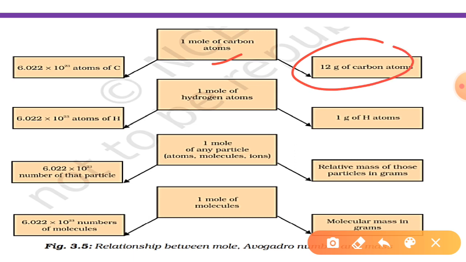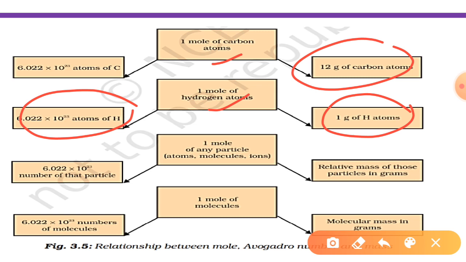Similarly, 1 mole of hydrogen atoms will have a number of atoms equal to the Avogadro constant, and mass equal to 1 gram, just because a hydrogen atom has 1 u as its atomic mass. So 1 gram will be equal to 1 mole of hydrogen atoms, or you can even say 1 gram will be the molar mass of hydrogen.